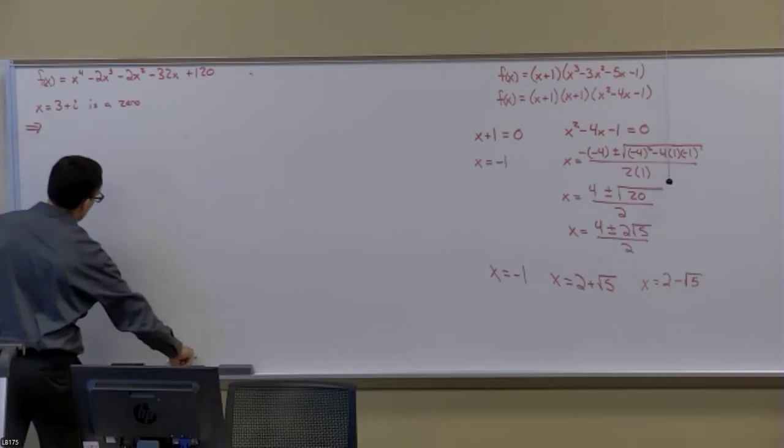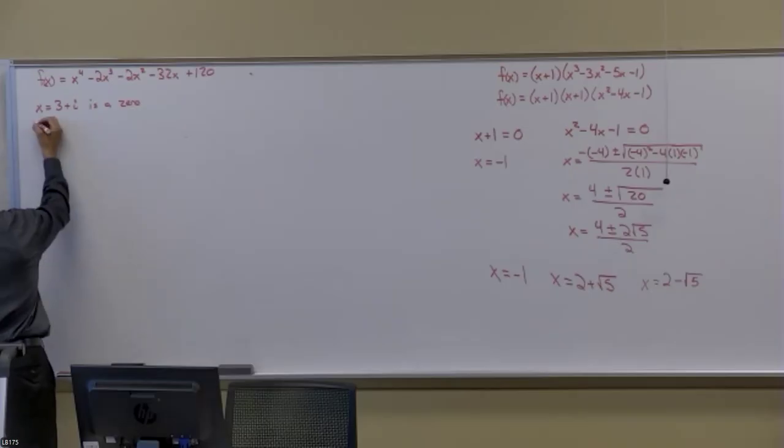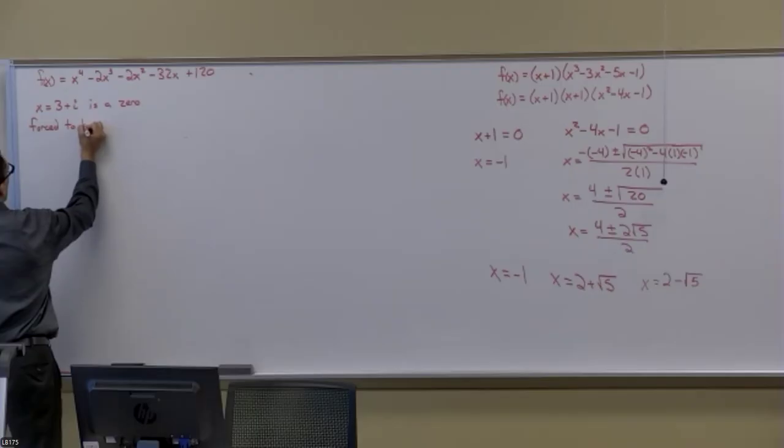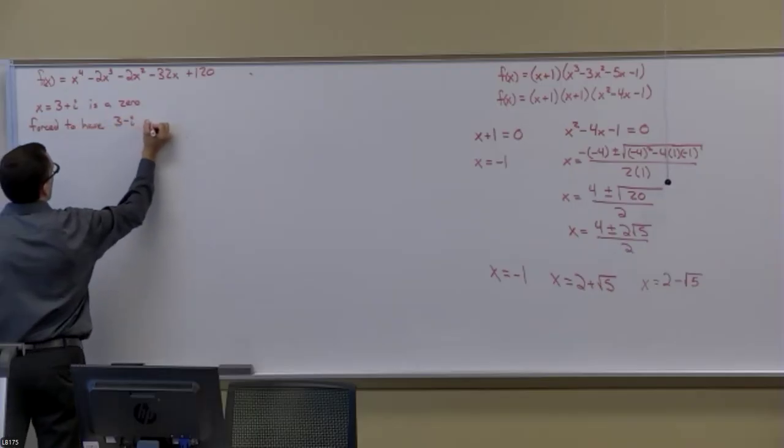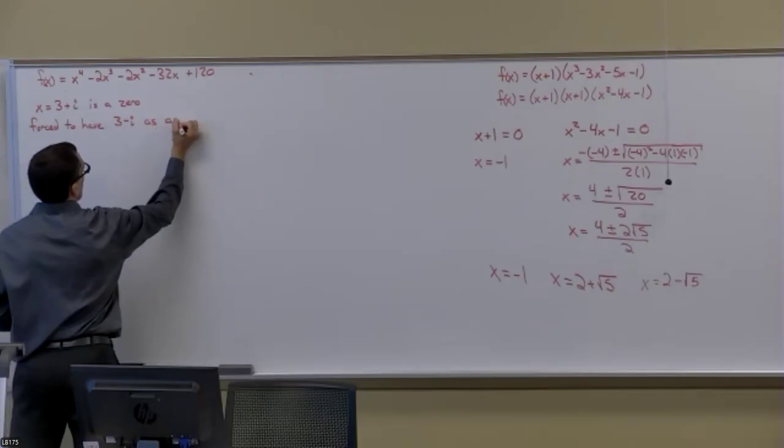We're forced to have three minus i as another zero.